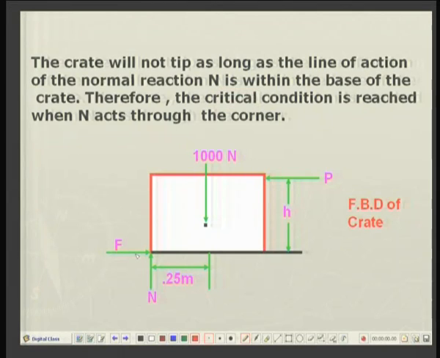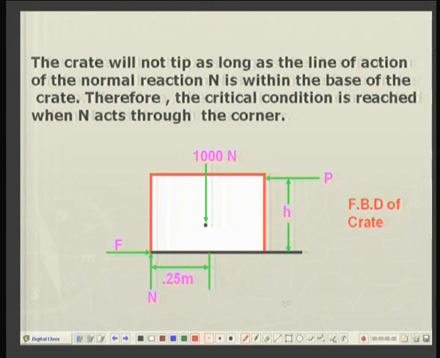So, let us look at this problem. Now, as I mentioned earlier, the crate will not topple or tip as long as the line of action of the normal reaction N lies within the base of the crate. Because you can see here is force P and the opposing force of friction will be towards right.